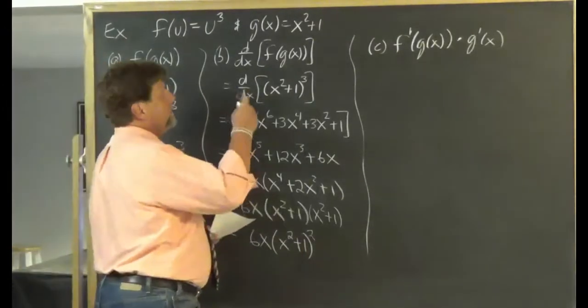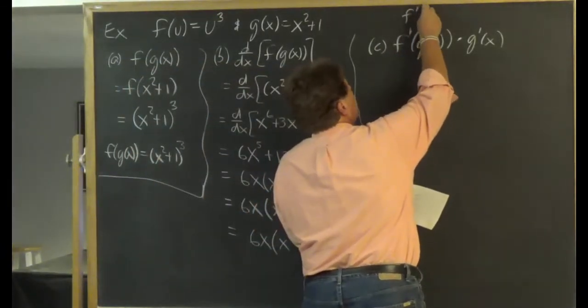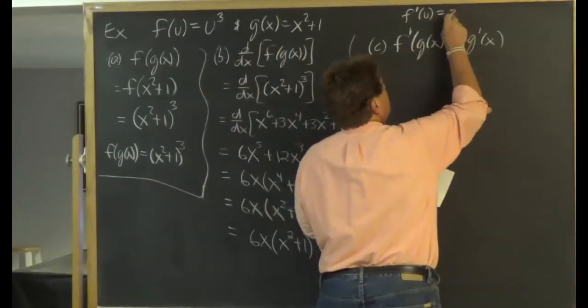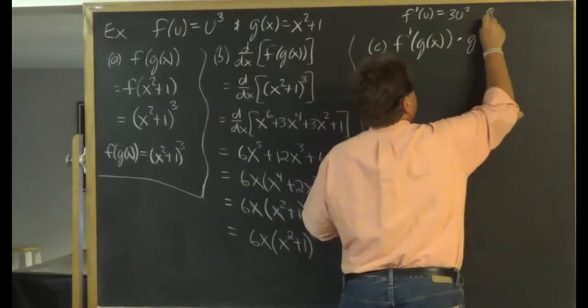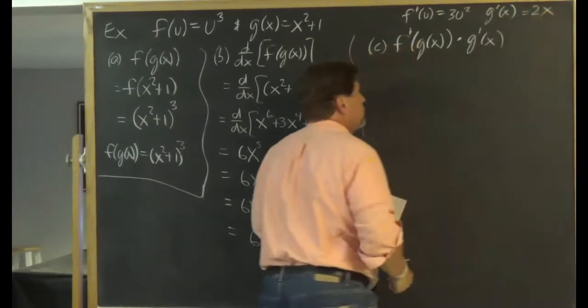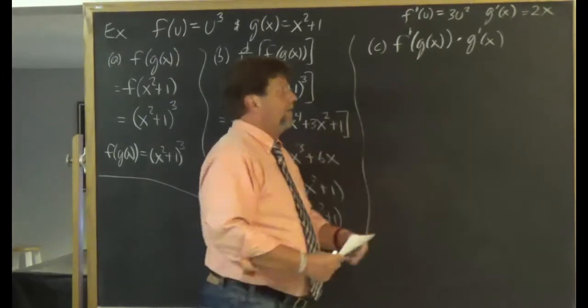Now, I think I told you on the slide. If not, we can quickly compute it here. F prime of u is 3u squared, and g prime of x is 2x.